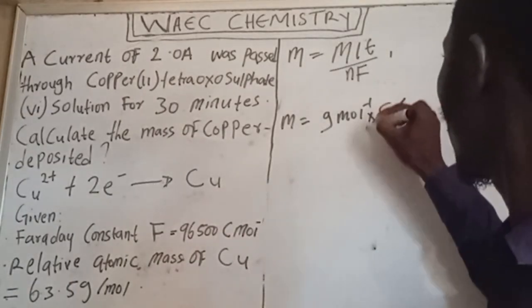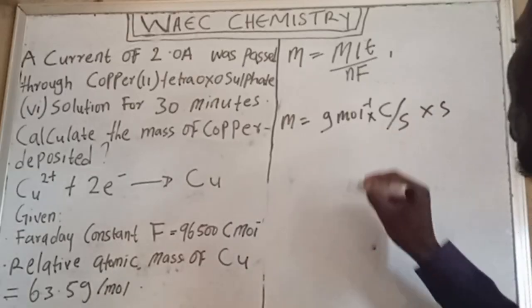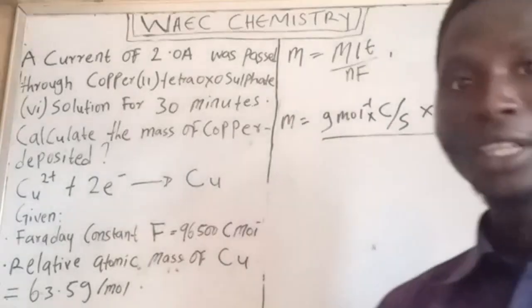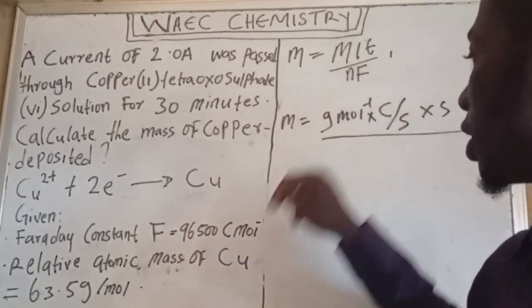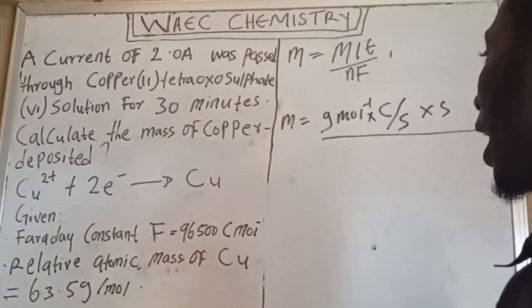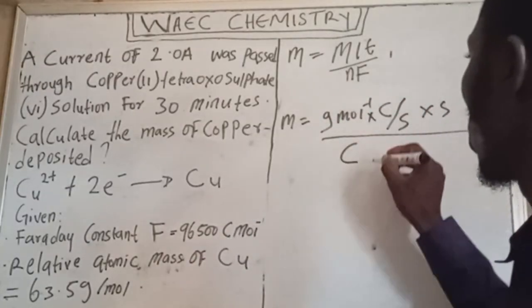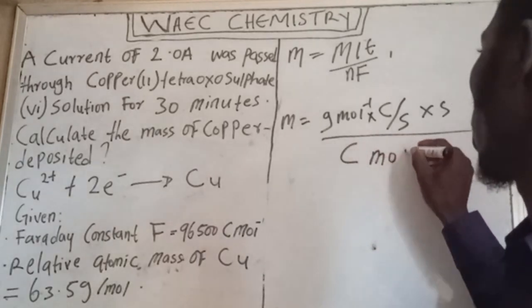So let's put times seconds, all over our n, there is no unit for n. And then our F, which is Faraday's constant, the unit is coulomb per mole.